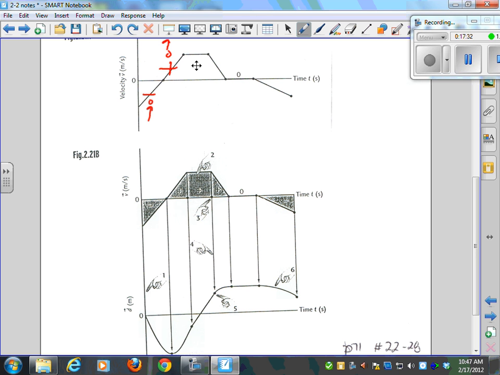Here it's constant. Constant positive. Here it's actually still positive, but going towards 0. Here it's in fact 0, and it's marked right on there, right? The velocity is 0. And here the velocity is negative and moving away from 0.